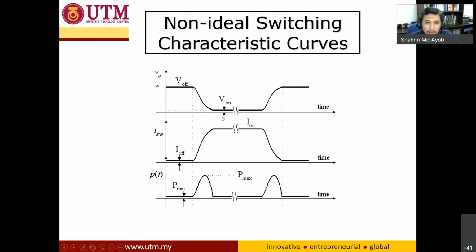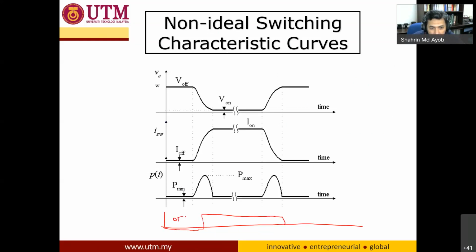So this is the waveform that shows the characteristic of the practical switch. As you can see here, the signal for the switch is the same. This one is the off signal and this one is the on signal.